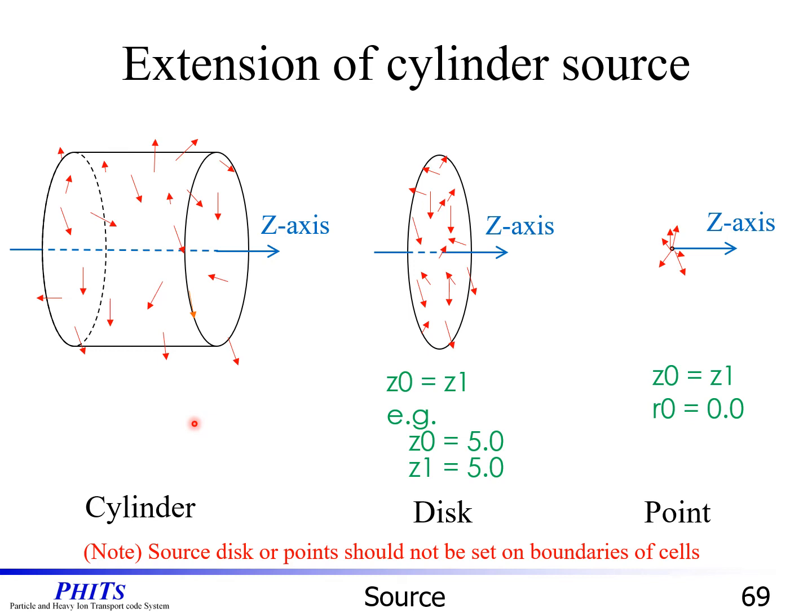When you set Z0 equals Z1, for example Z0 equals 5 and Z1 equals 5, the shape of the source becomes a disk. Furthermore, by setting R0 equals 0, the shape of the source becomes a point. Note that source disks or points should not be set on boundaries of cells, because numerical errors sometimes occur when running a PHITS simulation.